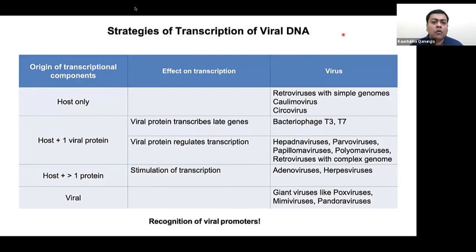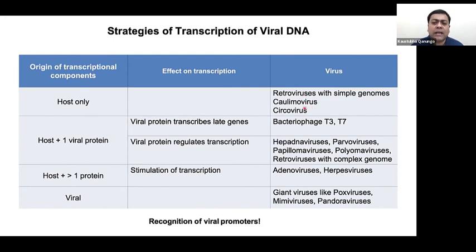So here we are looking at the strategies of the transcription of the viral DNA, and the origin of the transcriptional components from the host. This is used only by the retroviruses with simple genomes. These are very small genomes. And then you have extremely small viruses like caulimovirus, which causes cauliflower mosaic virus, and circovirus, the smallest known virus.